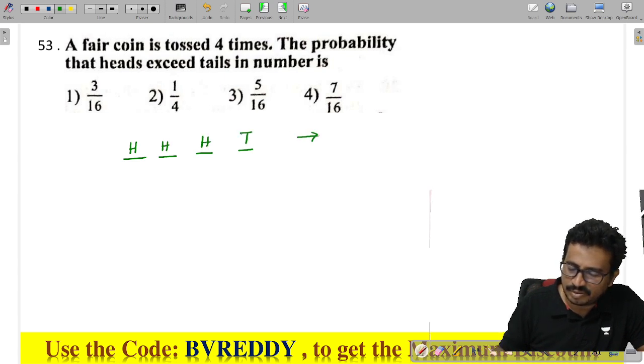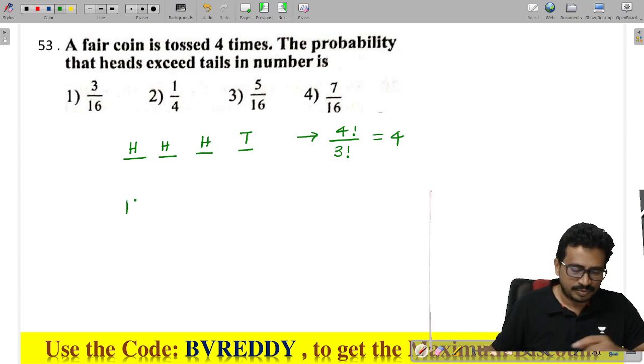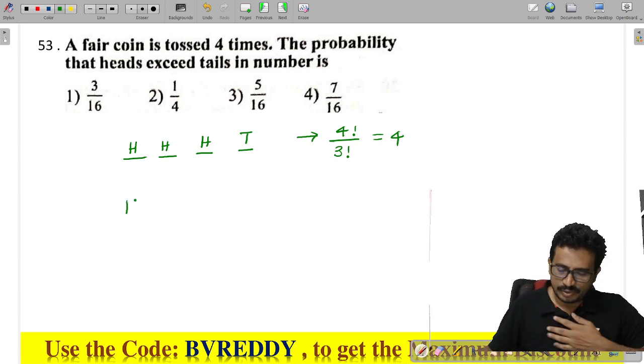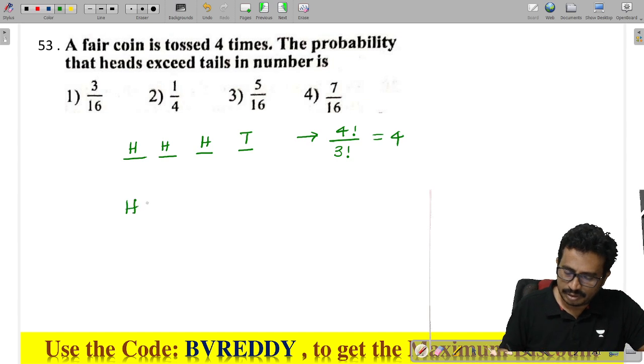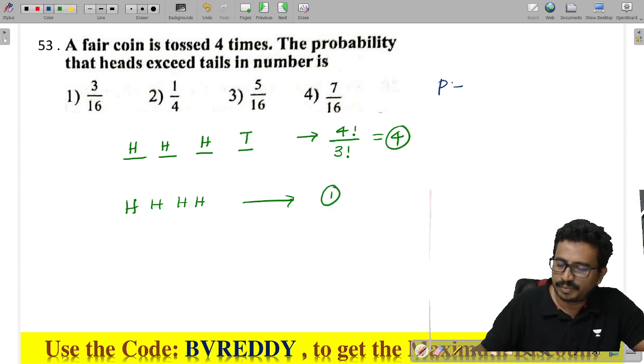This is combinations of how many? 4 factorial by 3 factorial, which is equal to 4. Any other combination possible? All heads, if I take, so this is only 1 combination. So tell me now the probability P, which is given as 5 by 16.